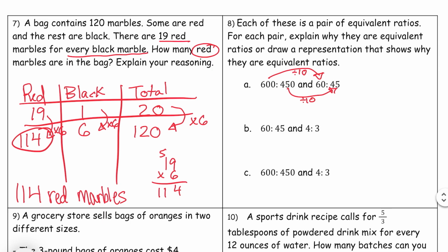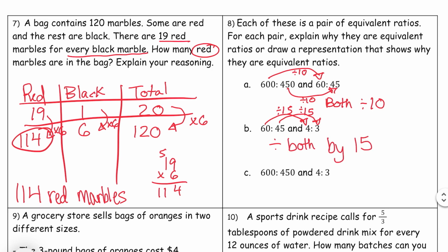So I'd say both divided by 10. For this one, I know 45 divided by 15 is 3, or you could say 3 times 15 is 45. So 60 divided by 15 is 4.